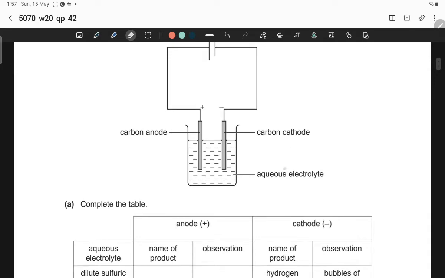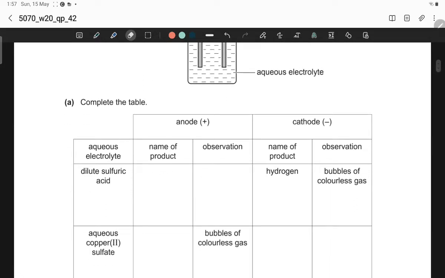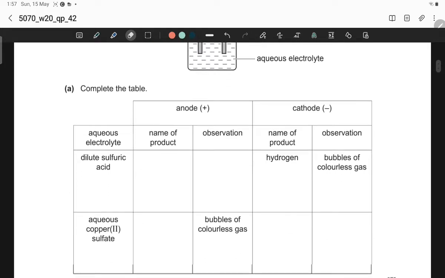Carbon anode, carbon cathode, aqueous electrolyte. Dilute sulfuric acid. We know that if the electrolyte is dilute sulfuric acid, it has H positive ion, sulfate ion and OH ion.